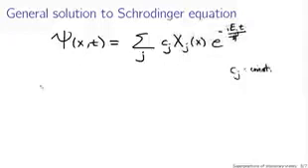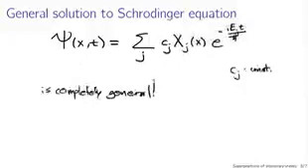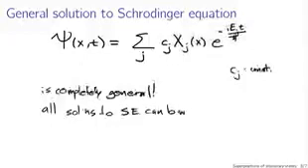And this is completely general. That's a little surprising. What that means is that this can be used to express not just a subset of solutions to the Schrodinger equation, but all possible solutions. All the solutions to the Schrodinger equation can be written like this.